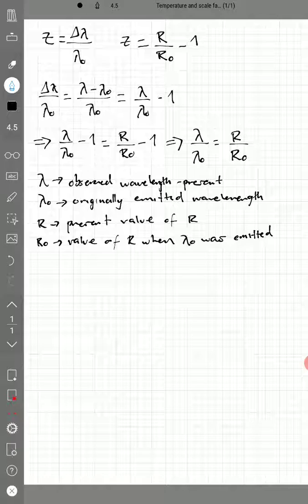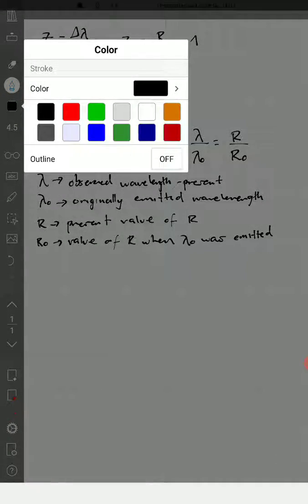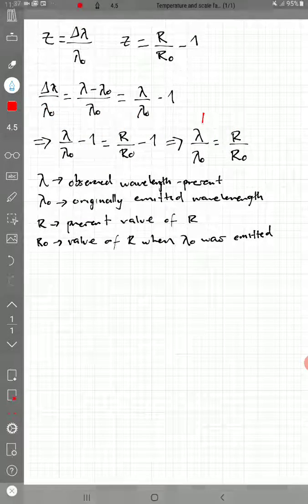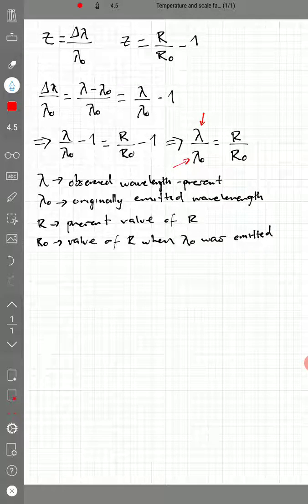So in comparing lambda and lambda 0, we're getting an idea of how much the universe has expanded from the moment when that radiation was originally emitted to present times. And that, according to our little derivation here, has this exact same ratio as the scale factor at present time over the value of the scale factor when the wave was emitted.